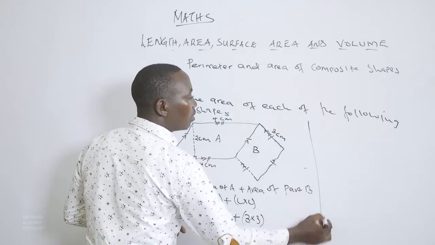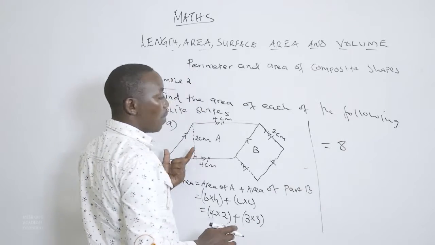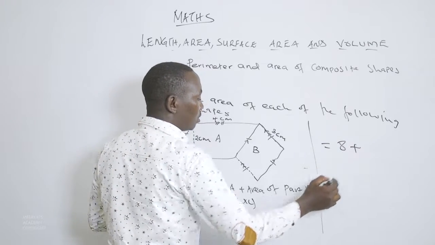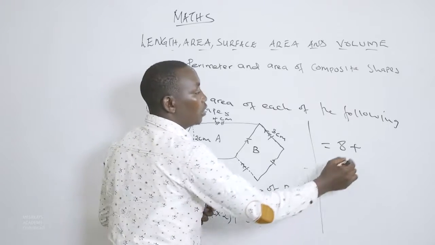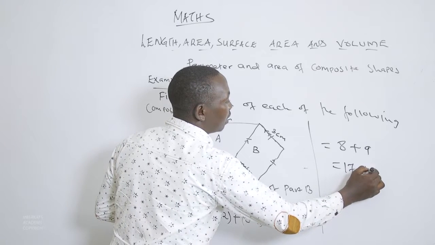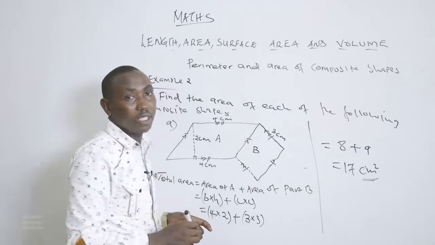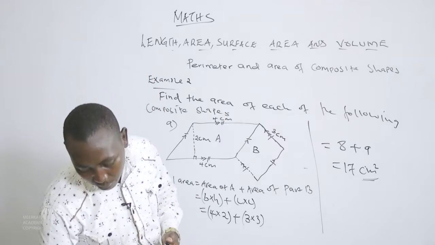This will give us 8 square units for the parallelogram plus 3 multiplied by 3, which will be 9. That will give us 17 square units or square centimeters for the area of this composite shape.